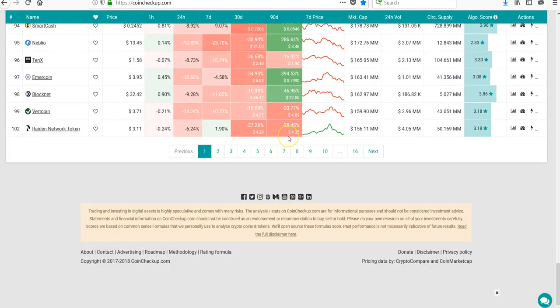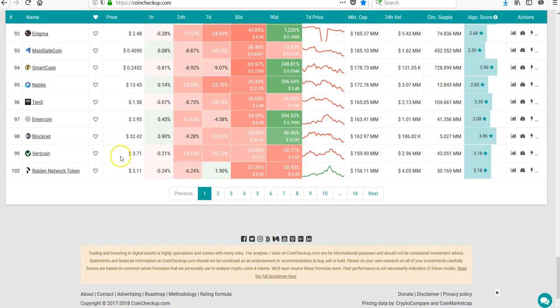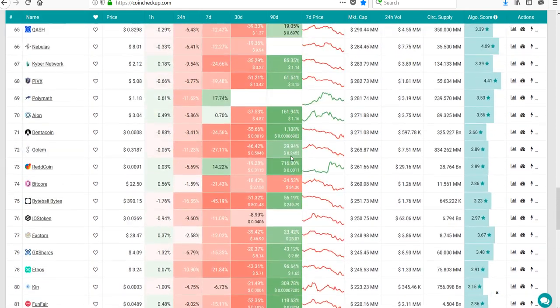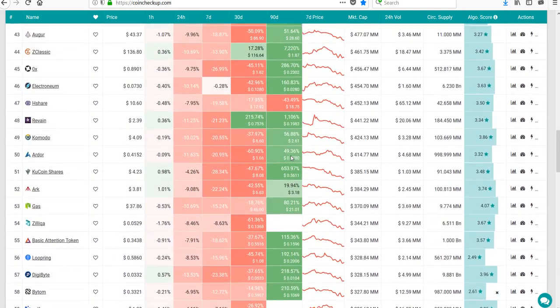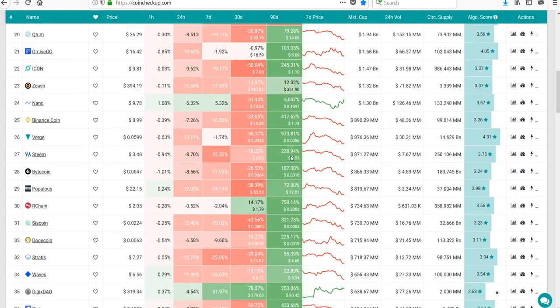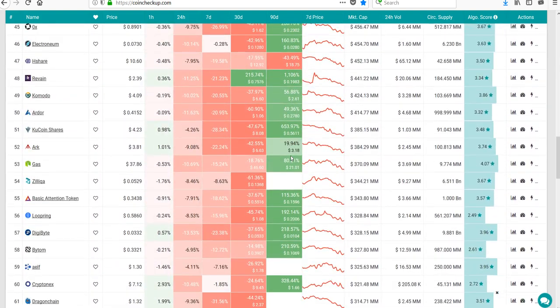If we go down to the first 100 coins, that's approximately what we're looking at, about 8 to 9 losers out of the 100. Some of them are not listed because the coins are new and they did not exist 90 days ago.